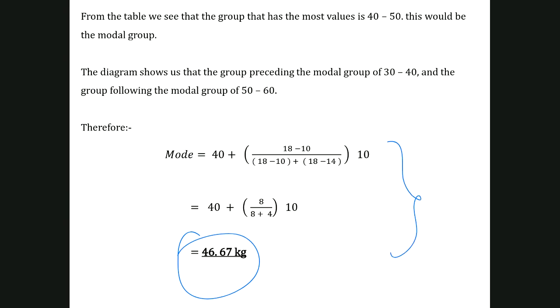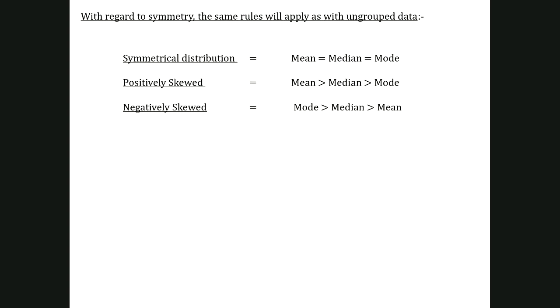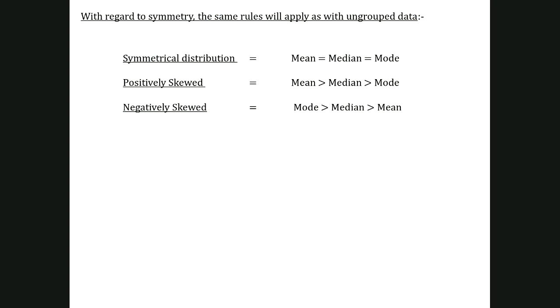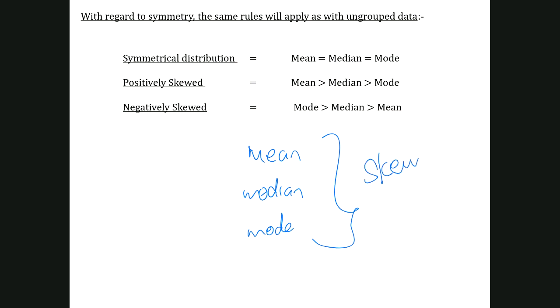And then the last thing for today is, in terms of the mean, median, and mode, the symmetry of your data set. Now remember, this is pretty much identical to what we had done with your ungrouped data, where they'd ask you in question 1 to calculate the mean, question 2 to calculate the median, question 3 to calculate the mode, and then they'd say to you, based on those 3 calculations, comment on the skewness of the data set.